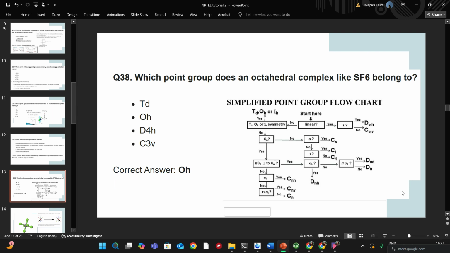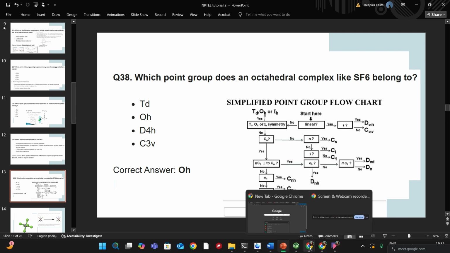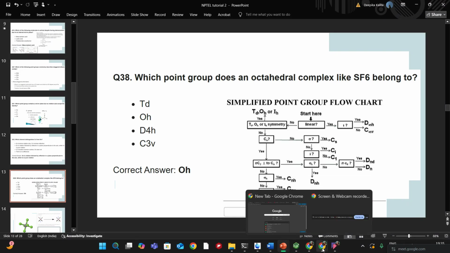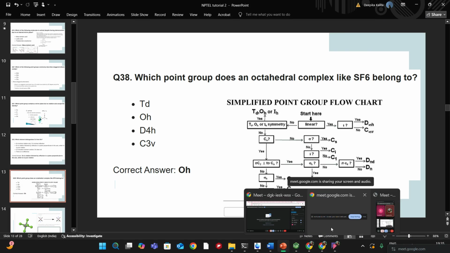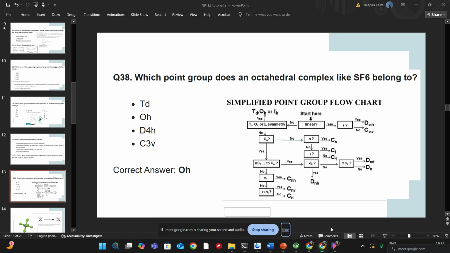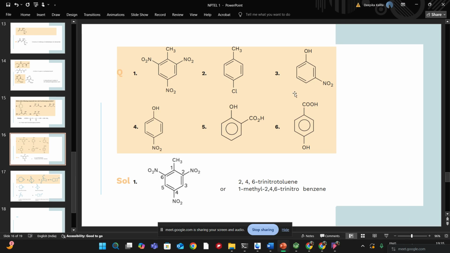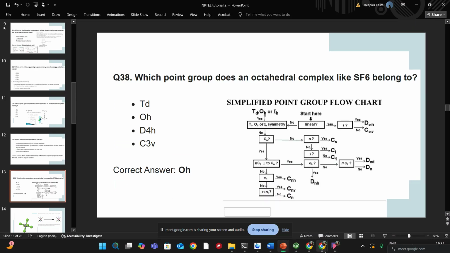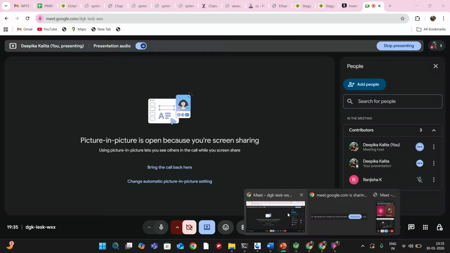And if you want to go deeper into the symmetry elements present in the Oh point group, I can show you one website where I came across the various symmetry elements present. Let me show you quickly.